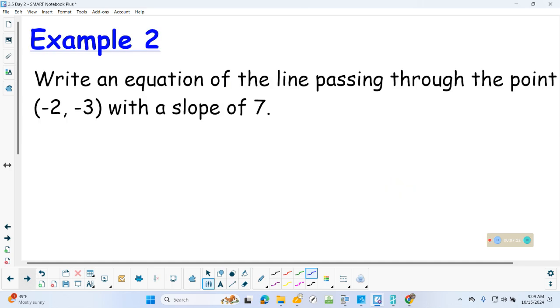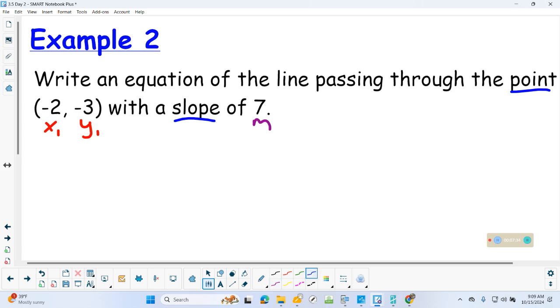Okay. Write an equation of the line passing through the point with the slope of 7. Now, again, I'm like, what formula am I going to use? Well, point slope. I'm going to use that point slope formula. So, you know, I like to label everything. So my ordered pair is just my x1, y1, and of course the slope is 7.